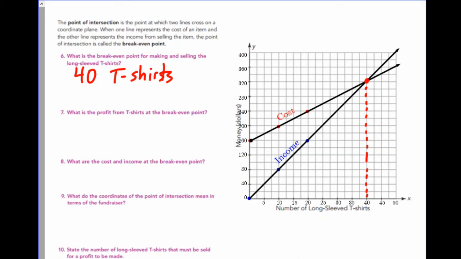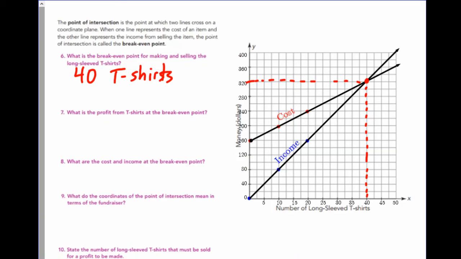What is the profit from t-shirts at the break-even point? How much money have you made? Well, according to the income, if you go across here, we've made $320. But wait, we can't say that we made $320. That's just our income. Our cost is also $320.